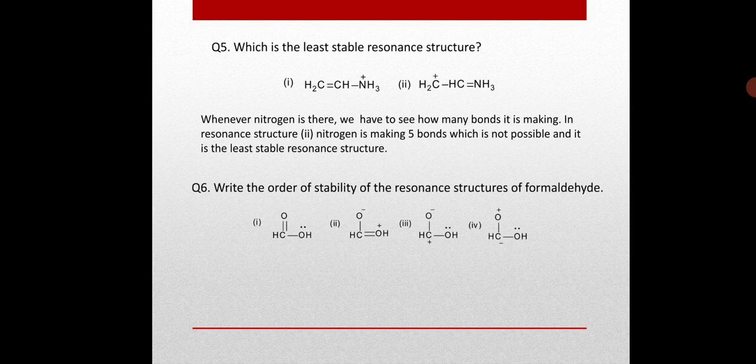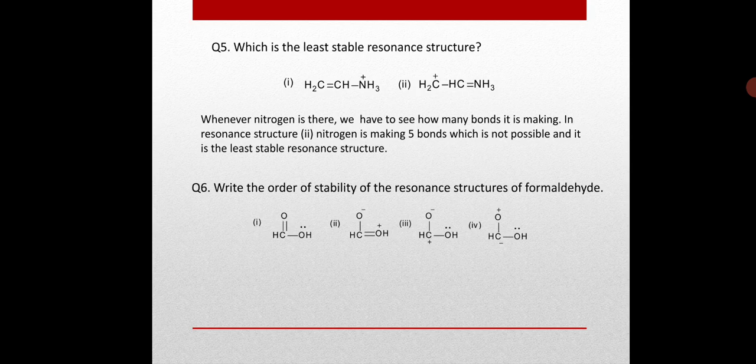Structure 1 is an uncharged species, and in structure 2 there is charge separation. So closing your eyes, you can say that structure 1 is more stable compared to structure 2.